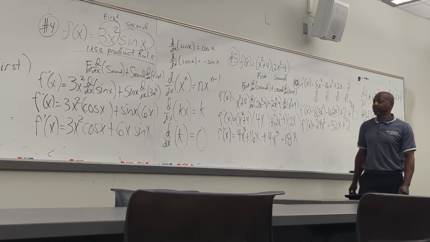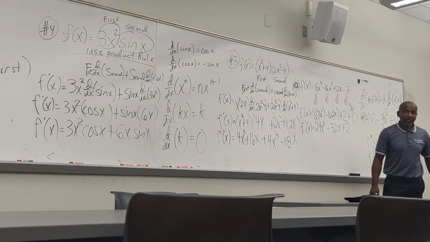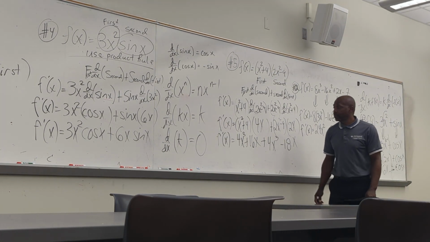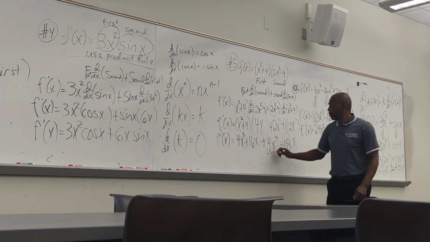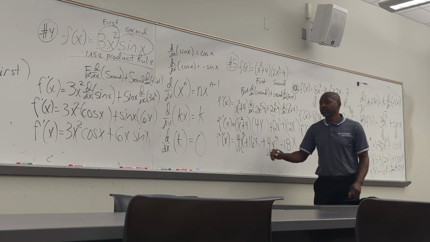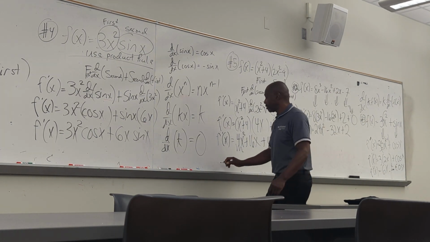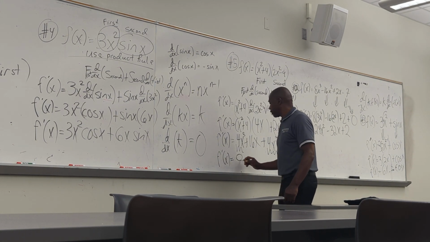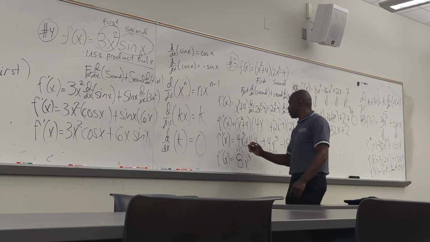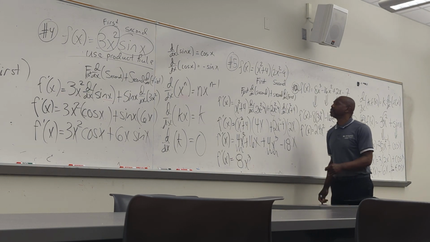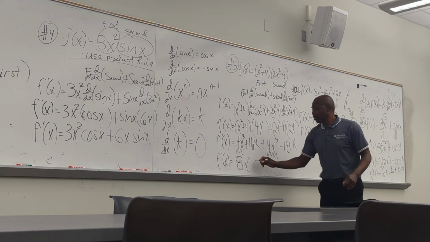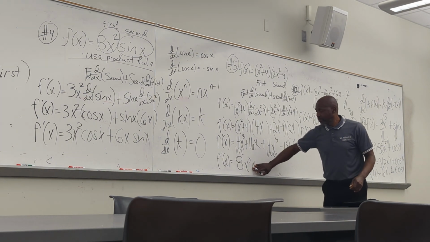Any like terms? So we got 4x cubed and 4x cubed, which is 8x cubed. Any other like terms? 16x and negative 18x, which is negative 2x.